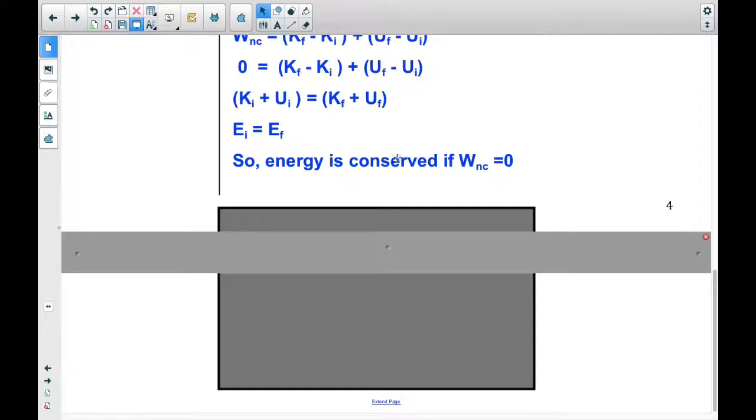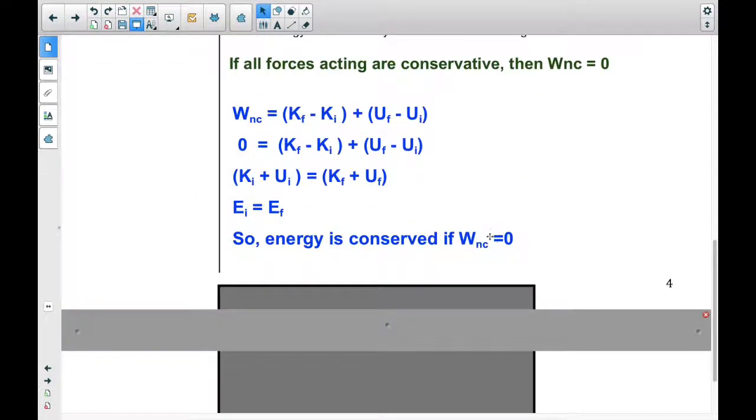So in other words, energy is conserved if there's no non-conservative energy. In other words, we're not losing anything from friction, we're not losing anything from sound, what have you. We have everything as being conservative. That means we have conservation of energy. Initial energy is the same as the final energy.